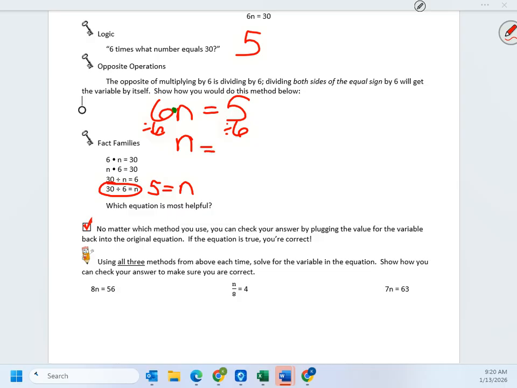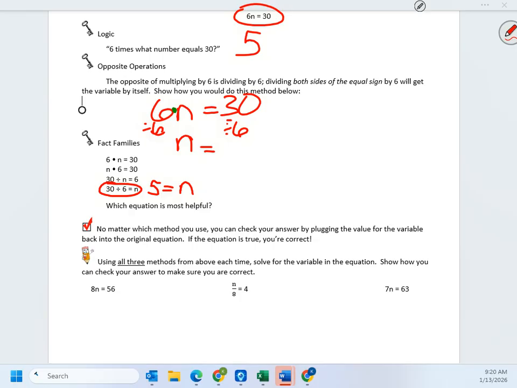So then over here, we have 5 divided by 6. Sorry, not 5. Oh my goodness, that's why it wasn't making sense. Our equation, 6n equals 30. Whew. I was wondering in my head why that wasn't going to give me a whole number. That's why. Our equation, 6n equals 30.